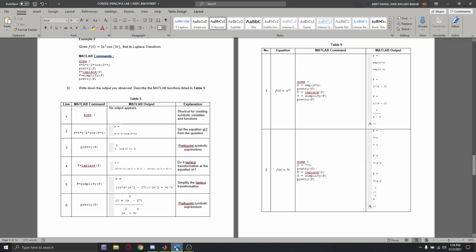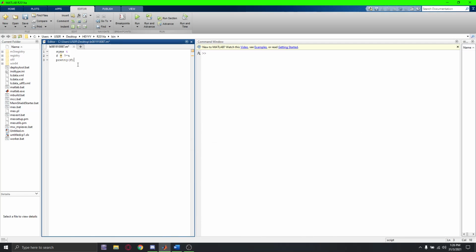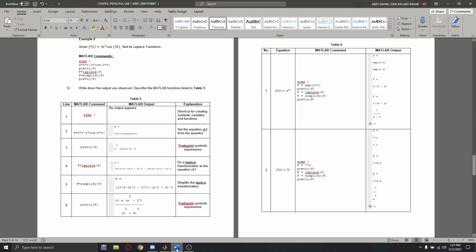The function of pretty f is to make the output more mathematical. If we did not use the pretty, then the output will show the equation, but the equation will not be arranged nicely.